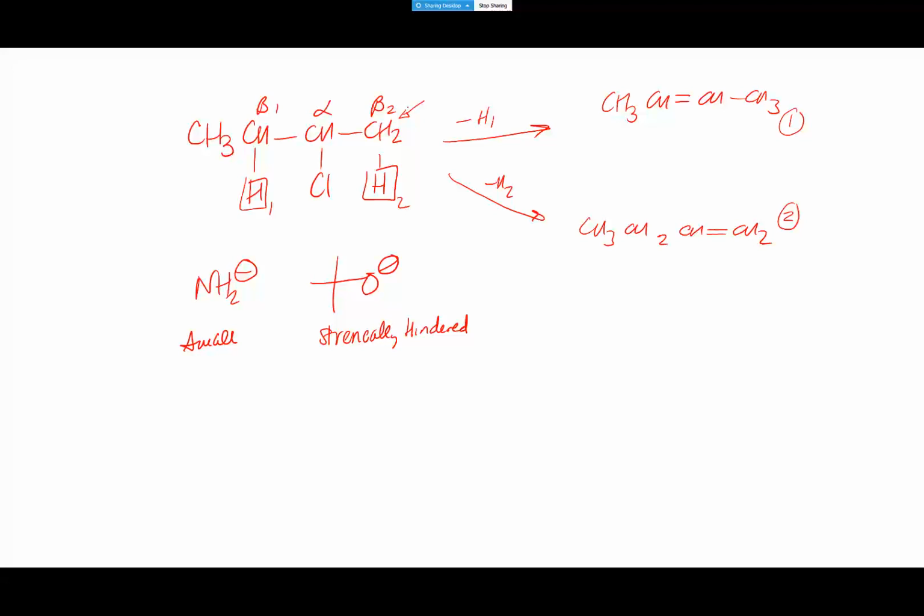So which hydrogen is it preferentially going to remove? Number 2. Okay. And so the major product the tert-butoxide is going to give is number 2, 1-butene.